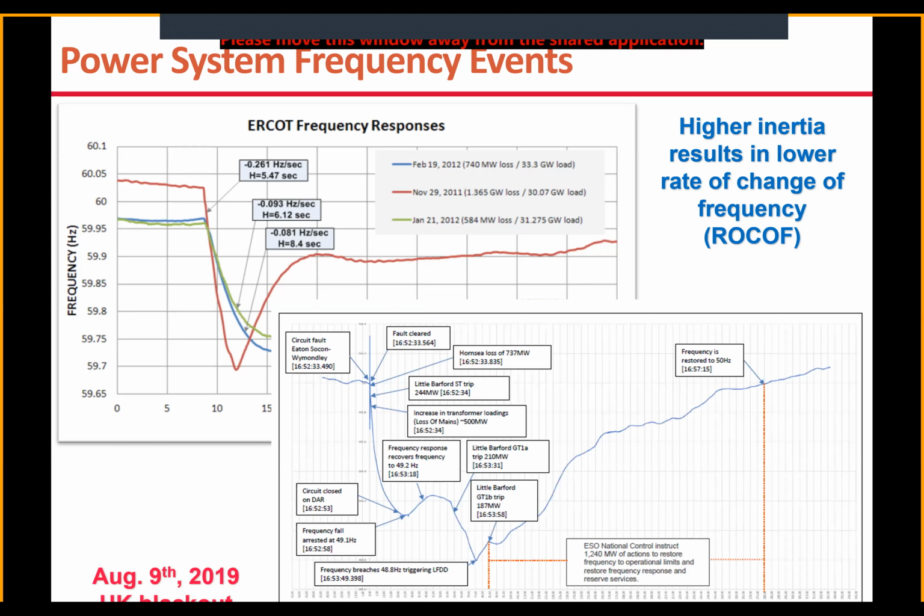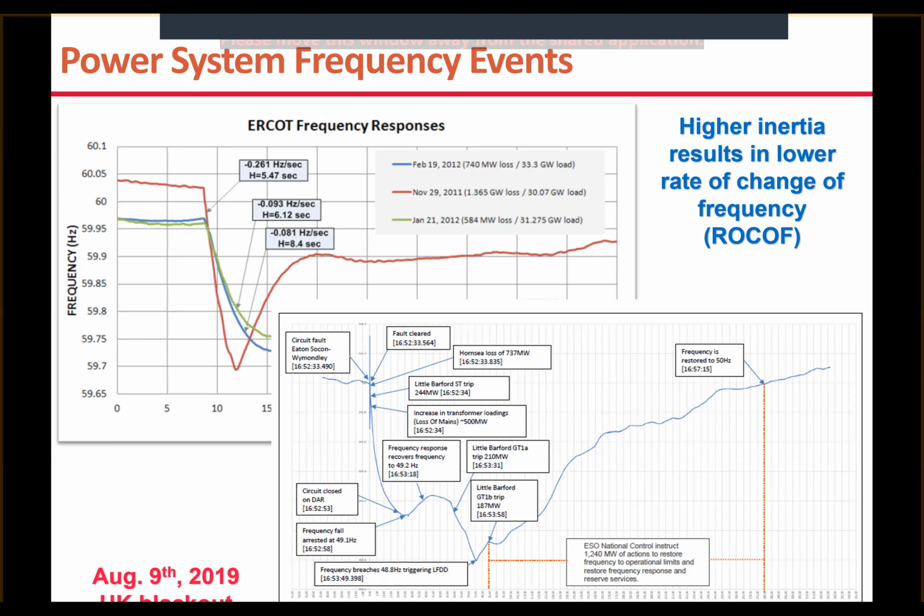And another example is the United Kingdom blackout last year, right? The blackout happened due to a lightning strike.